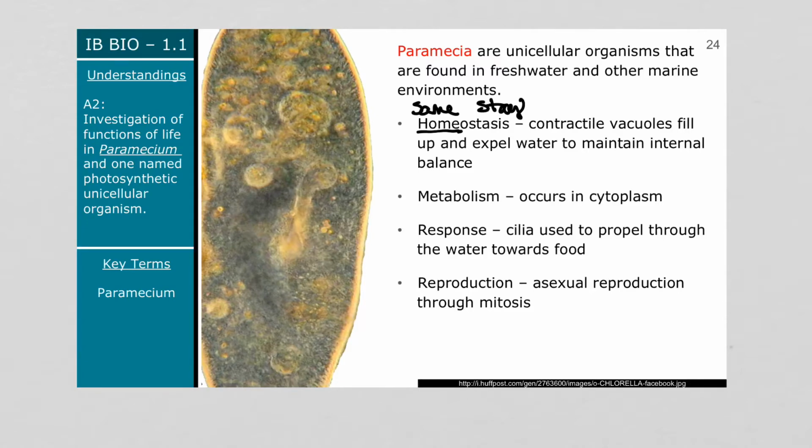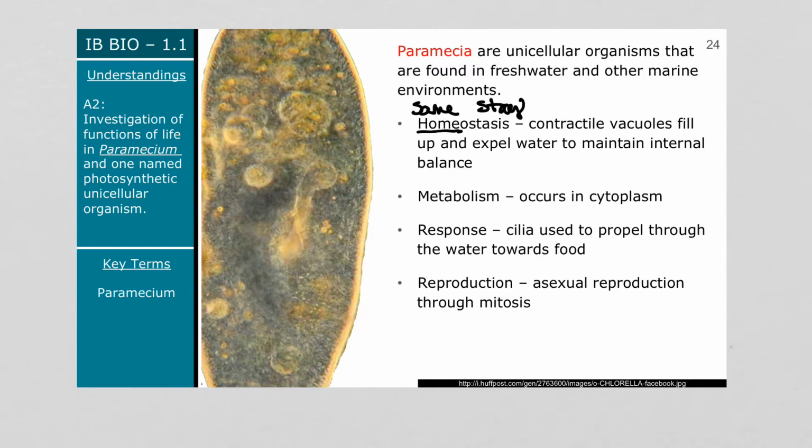So for example, for us, that could be body temperature. For the paramecia, that could be a balance of the correct amount of water inside and outside of the cell. So contractile vacuoles, which are vacuoles which hold water, but they can also contract or squeeze, allowing them to push water out if the water inside the cell gets to be too much, and then they can relax in order to allow more water into the vacuole. And that helps maintain homeostasis.